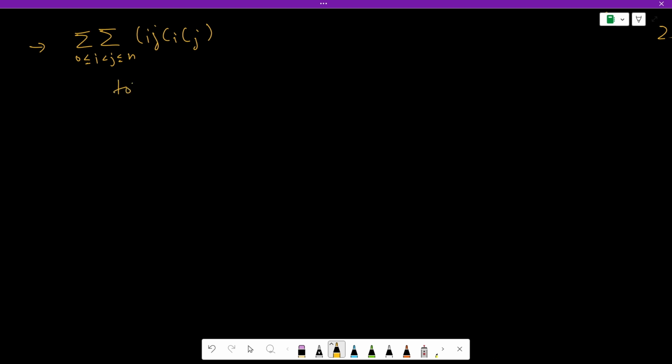Now the total is equal to, we can just use the disjoint summation, that is i equal to 0 to n summation j equal to 0 to n, i j ci and cj. Now we can use the product property and put this out of this summation.